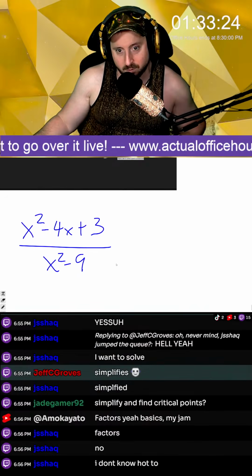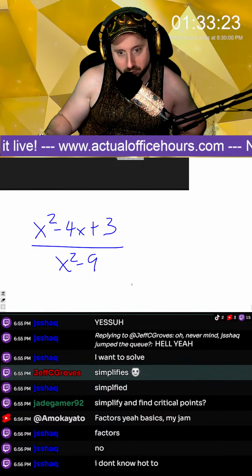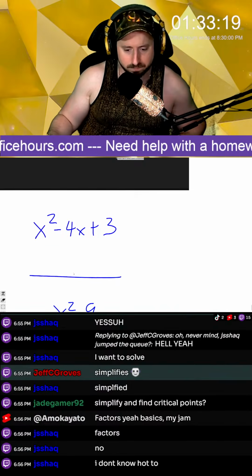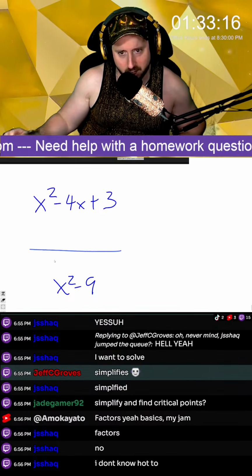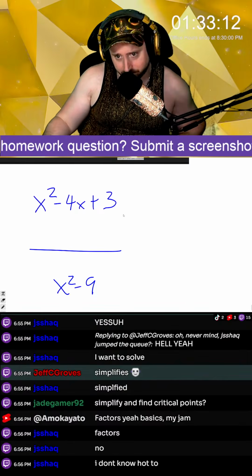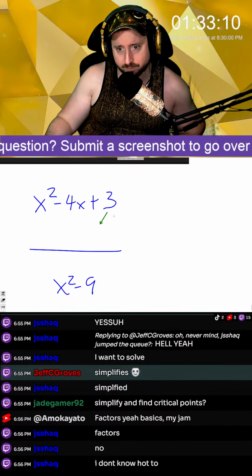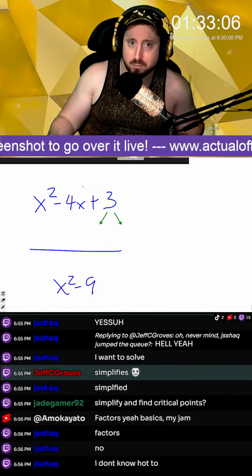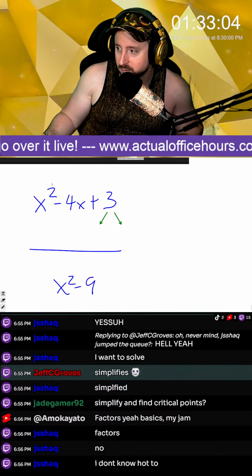In this case, we're gonna try to factor both the top and the bottom. The bottom is easy, but they're both not terribly difficult. For the top, you just look for what two numbers multiply to positive 3, but add up to negative 4.